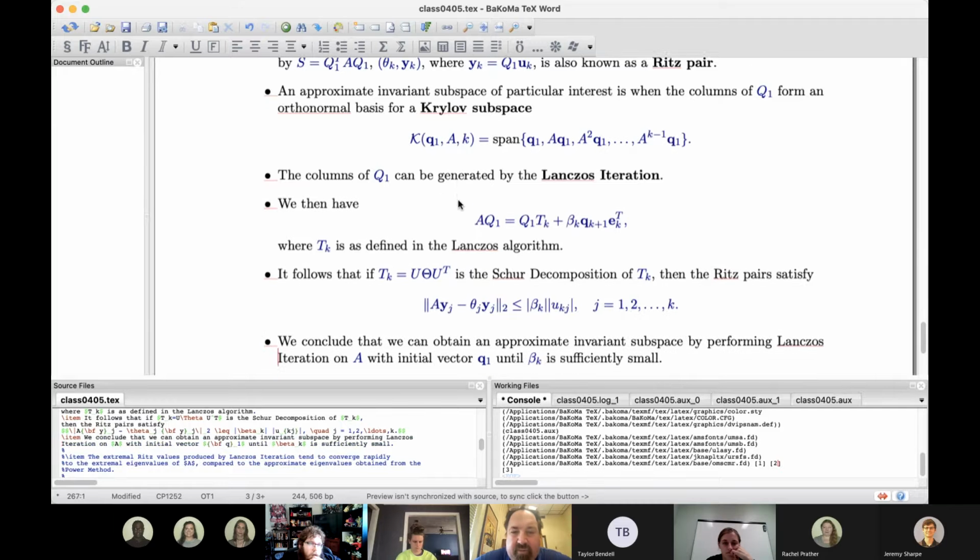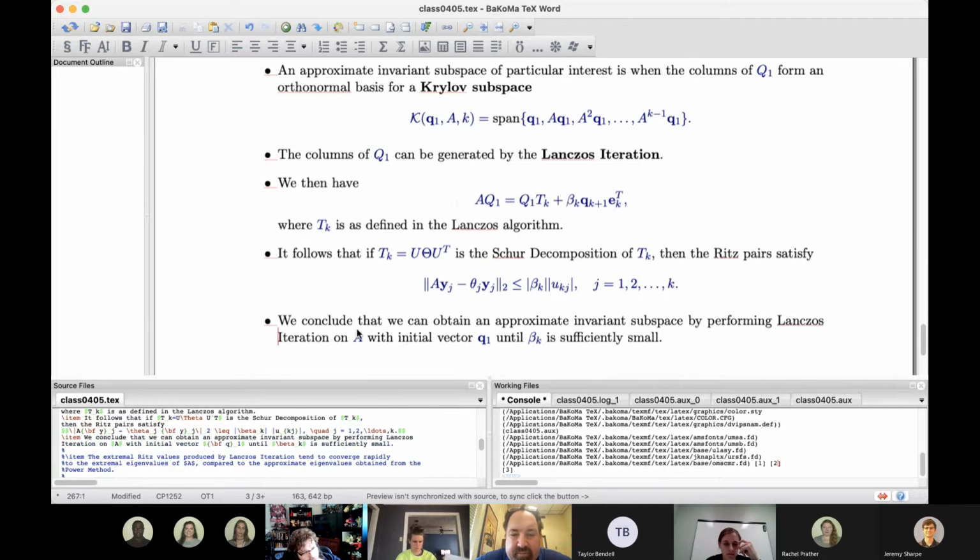So that's one way to solve the symmetric eigenvalue problem. You choose an initial vector, little q1, and keep running Lanczos iteration until beta k becomes small. Sorry, I should have made this clear earlier. This comes from the notation of the Lanczos algorithm.